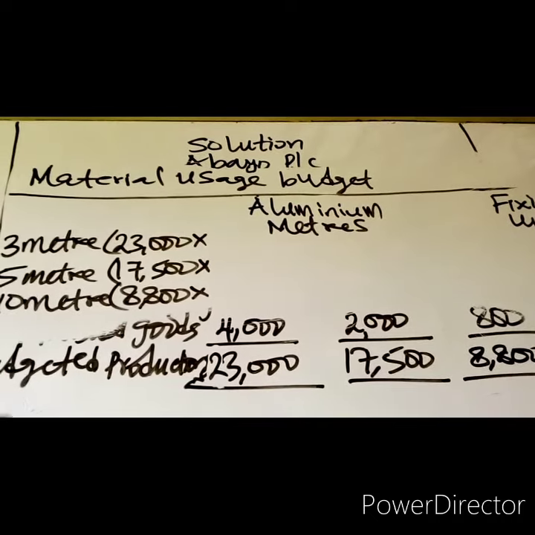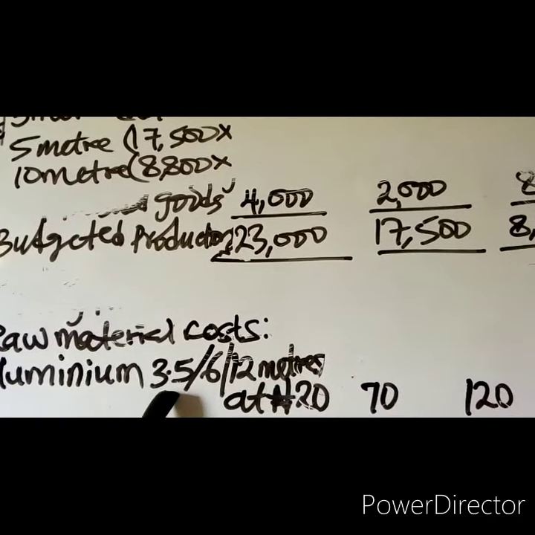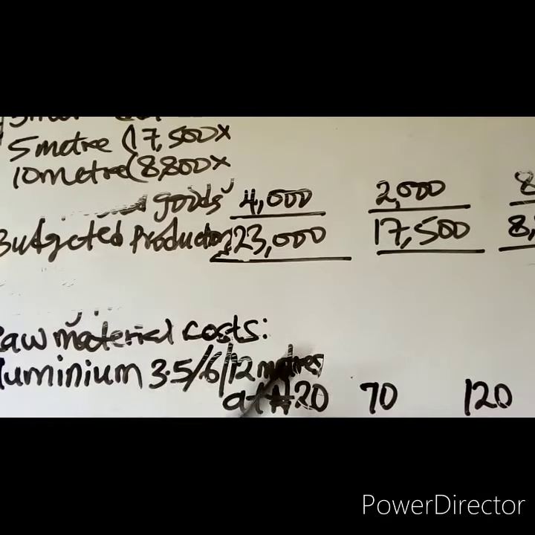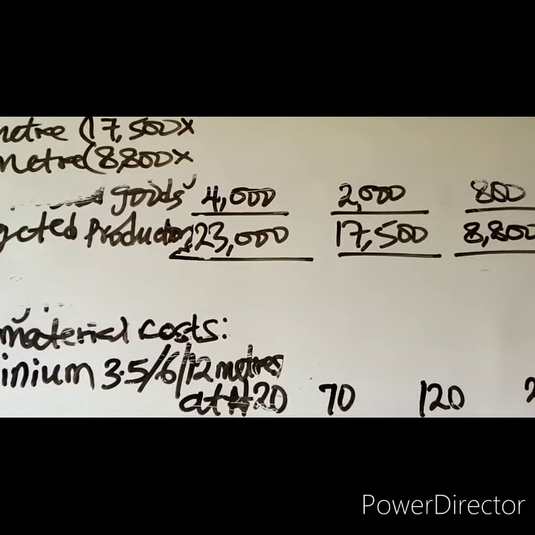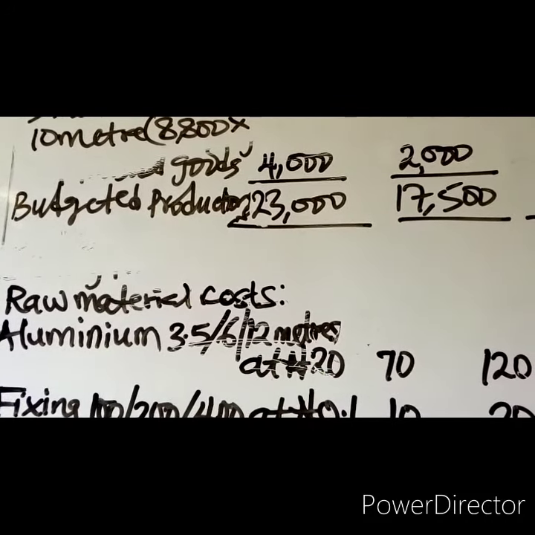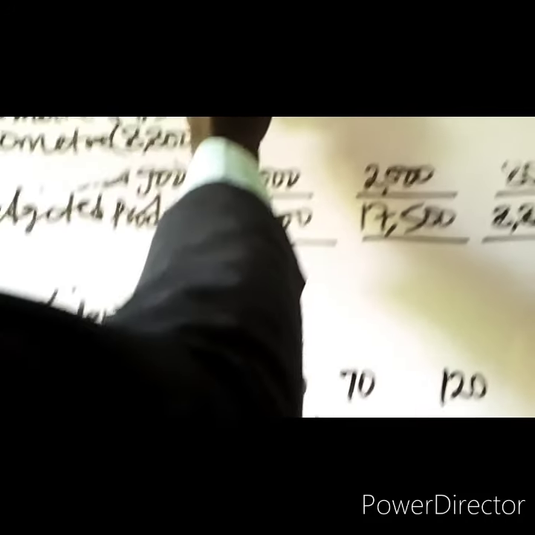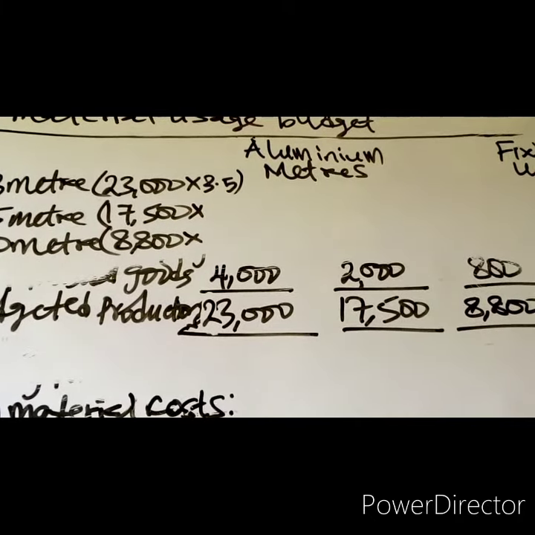Now, for the raw material, aluminum is 3.5, 6 and 12 meters, and this is the usage per unit.